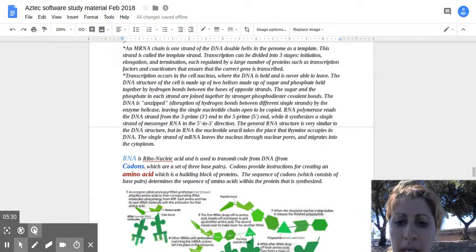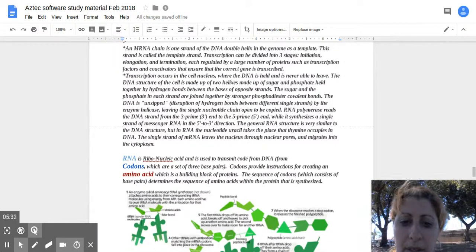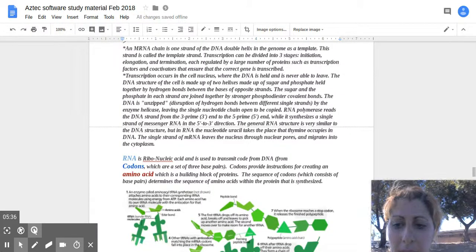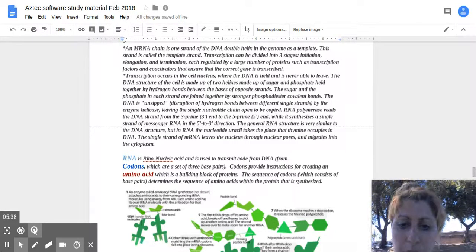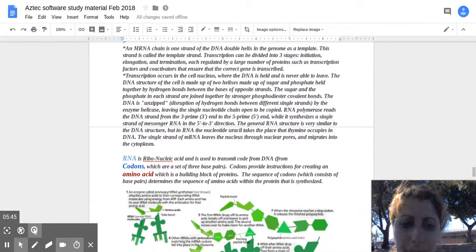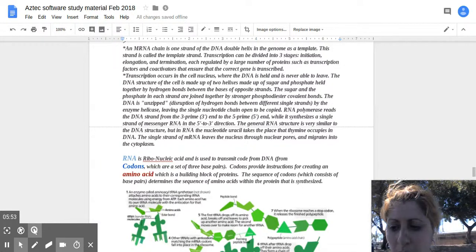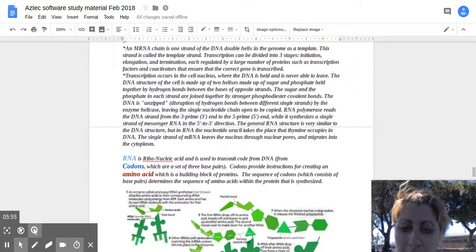DNA is unzipped. Disruption of the hydrogen bonds between the single strands occurs by the enzyme helicase, leaving the single nucleotide chain open to be copied. Then RNA polymerase reads the DNA strand from the 3' to the 5' end while it synthesizes a single strand of messenger RNA in the 5' to 3' direction.